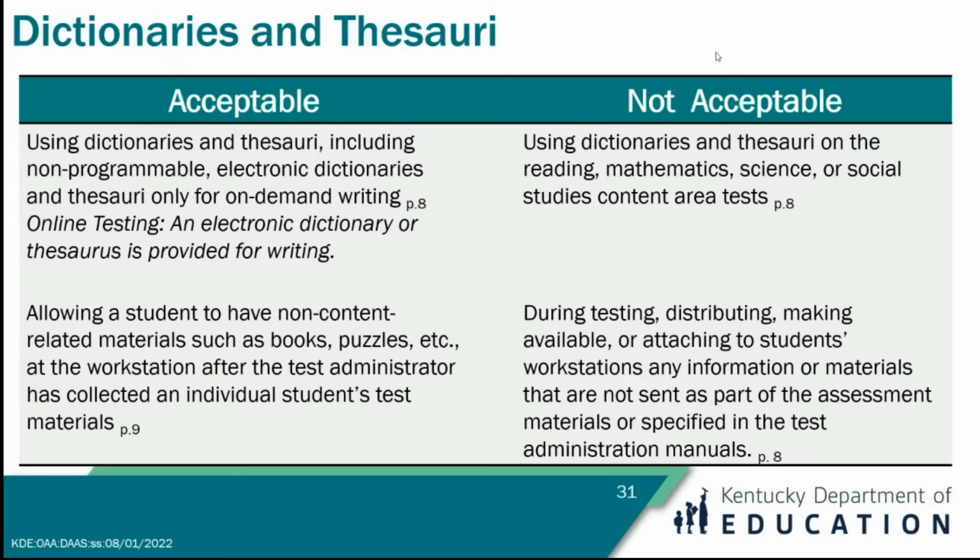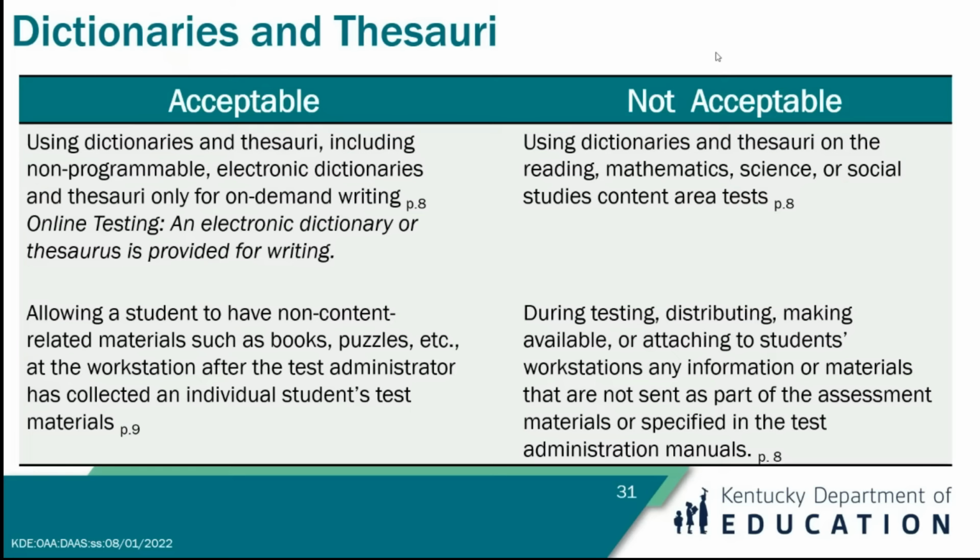On-demand writing is the only content area where a student is allowed to have a dictionary or thesaurus. Online testing provides an electronic dictionary and thesaurus to each student. A classroom set of dictionaries and thesauri should be available for students for paper-pencil testing or as a backup for online testing.